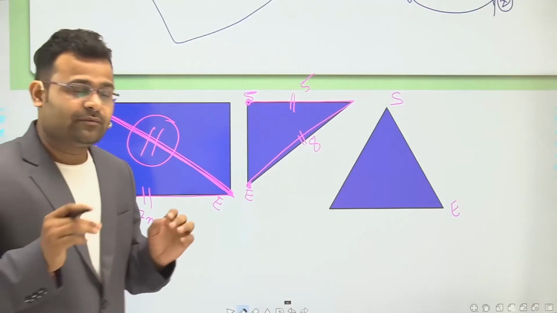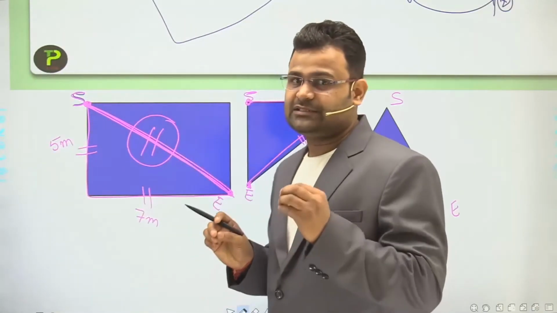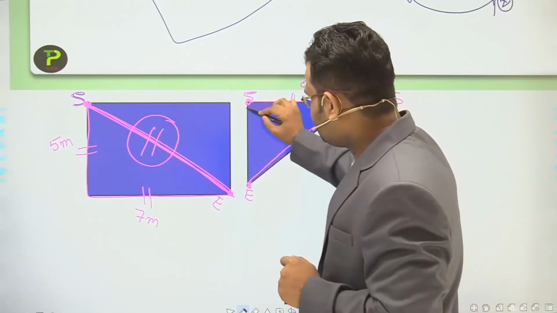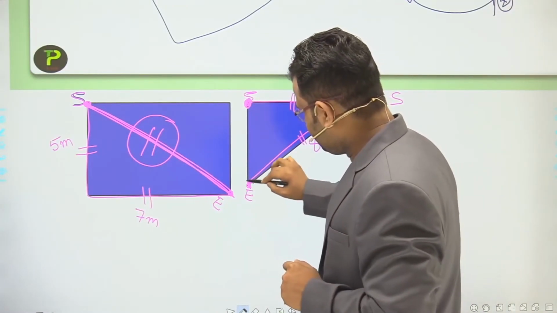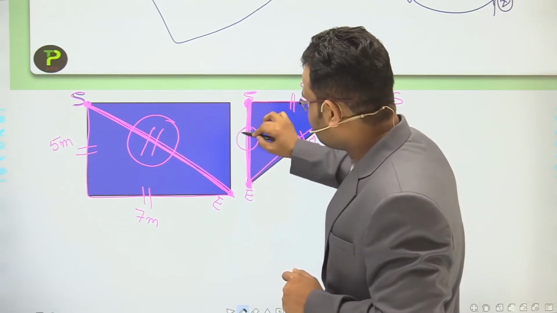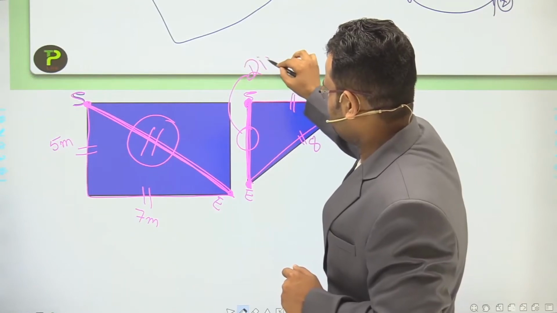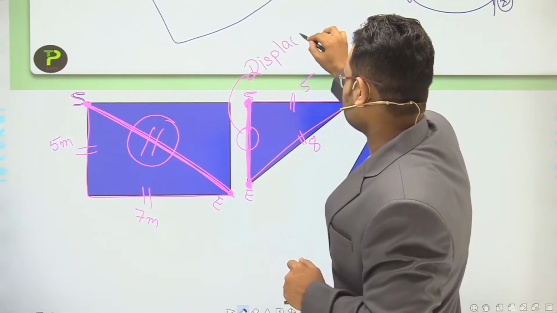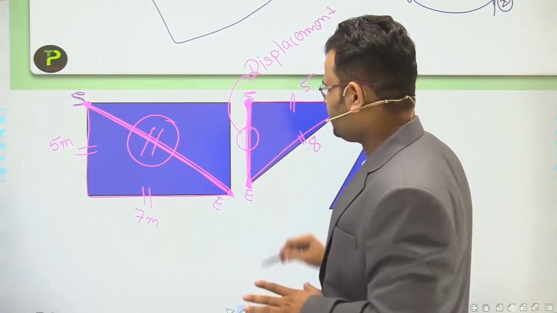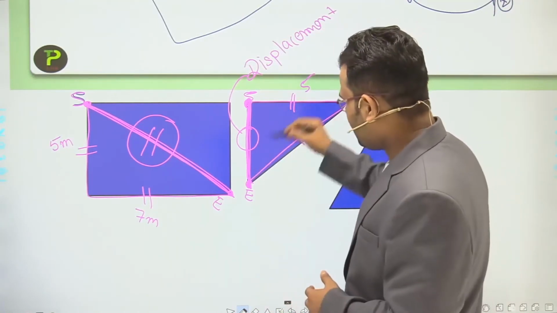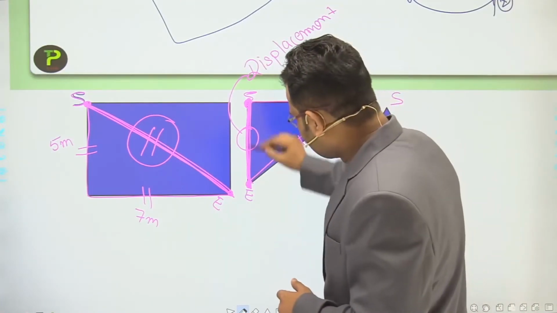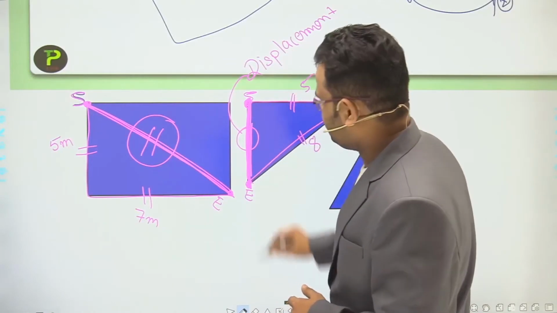If you want to get the displacement, dear students, first draw the straight line between initial and final point. That value is the displacement. Further on, we will discuss how we calculate the length of that line, but the length of that line is the displacement.